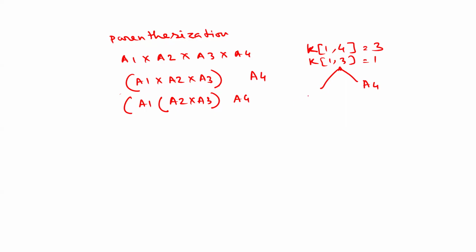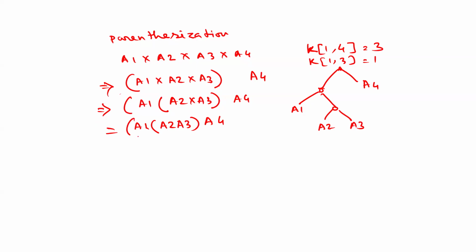So here A1 is separated from A2 and A3. So this is the parenthesization. The final parenthesization is A1, A2, A3, A4.